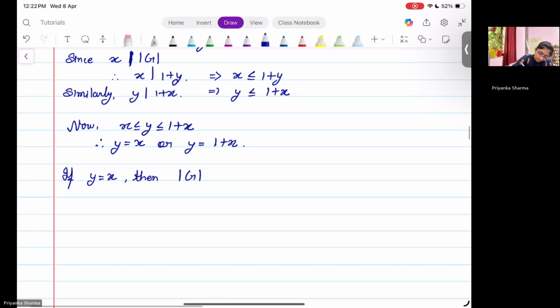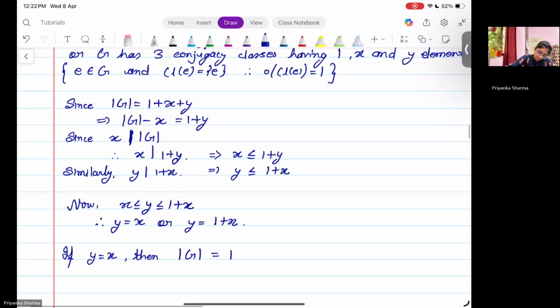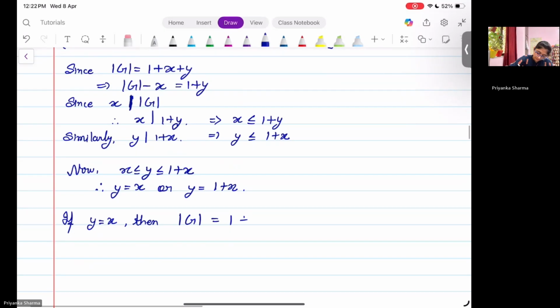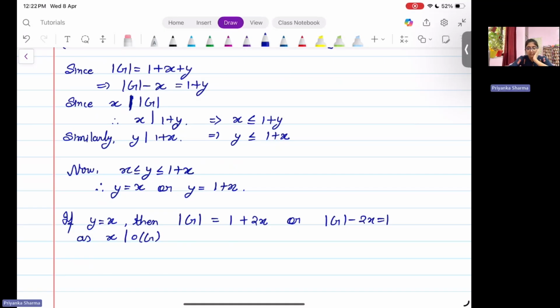So what if y equals x? Then order of G will be 1 plus x plus y, that is 1 plus 2x, or order of G minus 2x is 1. Now again, x divides order of G, and x divides 2x also. So x divides the LHS of this equation.